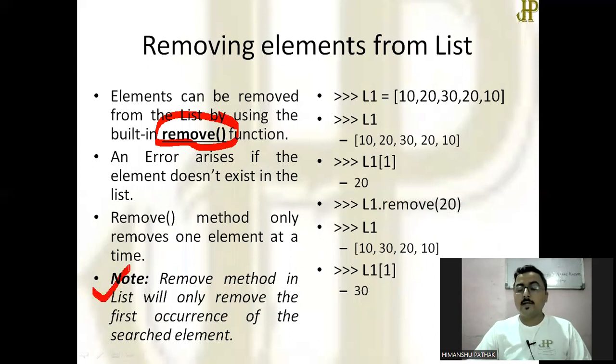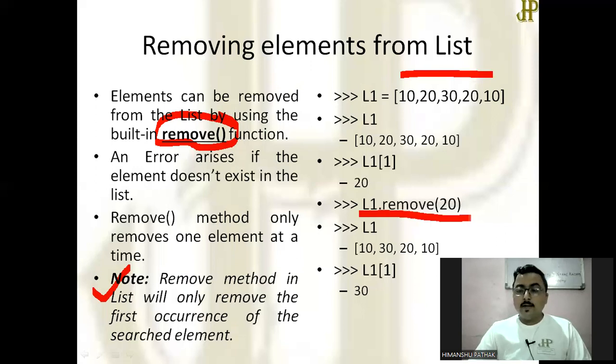You have to be very careful if there are more than one element of the same value, because the first occurrence of the value will be deleted. I have taken here 10, 20, 30, 20, 10. So 10 comes 2 times, but in different positions. 20 comes 2 times, again at different positions. So I want to remove 20.